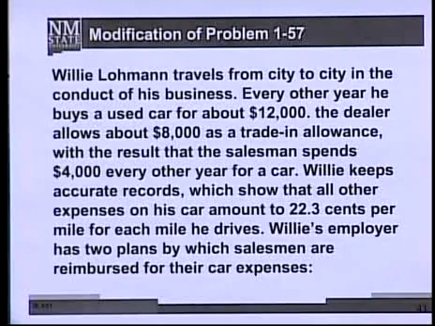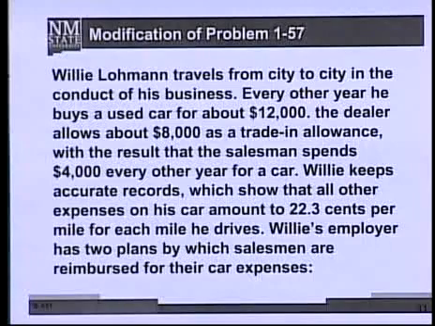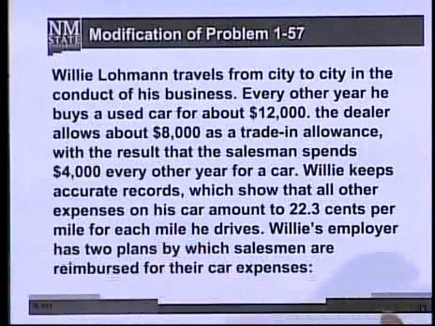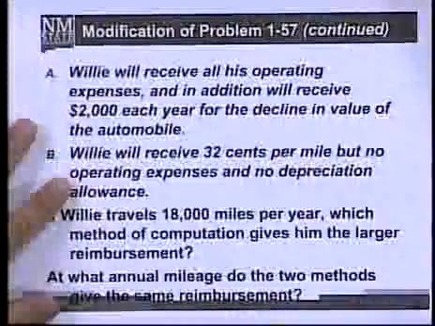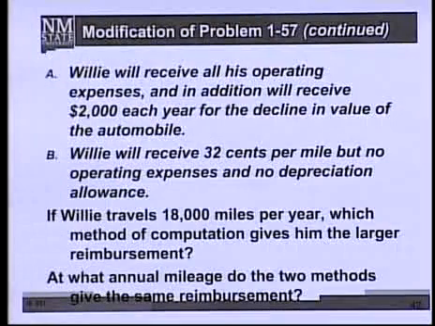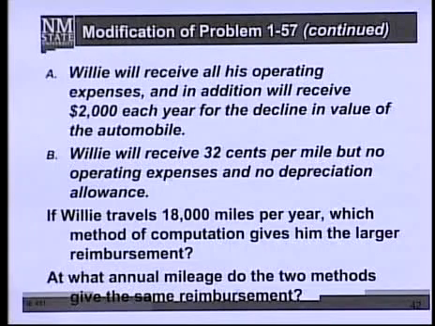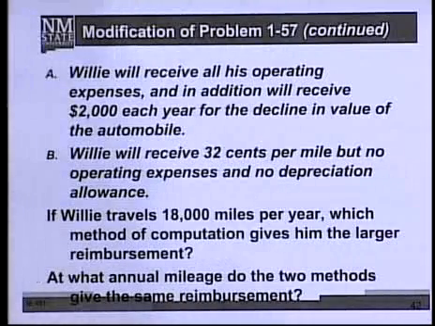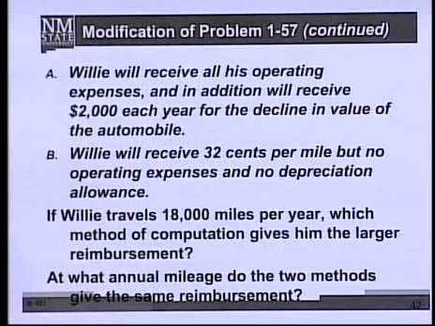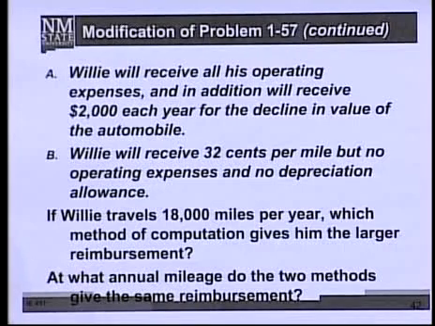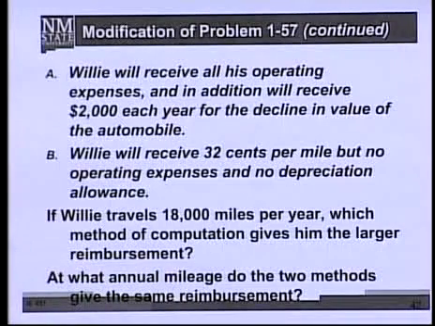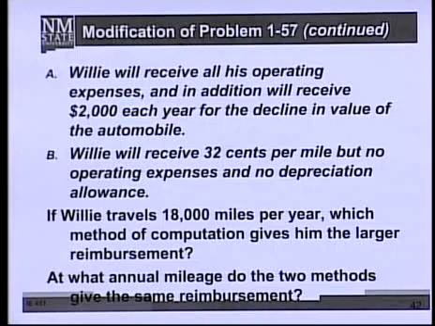Willie's employer has two plans by which salesmen are reimbursed for their car expenses. So these are the two plans. Plan A is Willie will receive all his operating expenses, and in addition will receive $2,000 each year for the decline in value of the automobile.